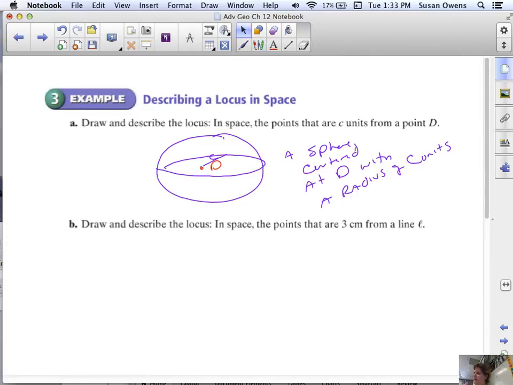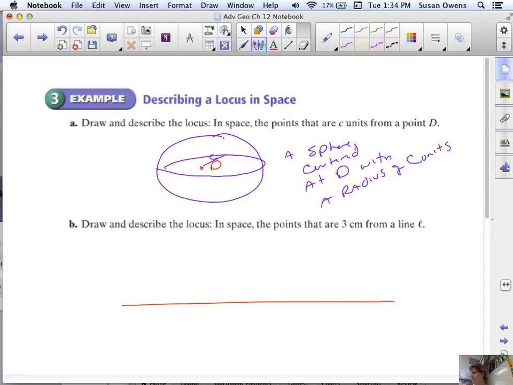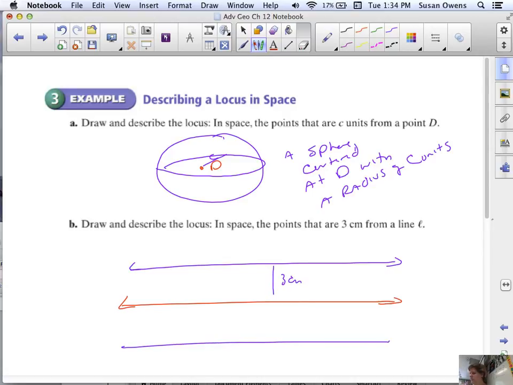And the last one we have, draw and describe the locus in space, the points that are 3 centimeters from line L. So if this is line L, I want all the points that are 3 centimeters away. Well, if you look again in two dimensions, there's going to be a line up here that's 3 centimeters away. There's going to be a line down here that's 3 centimeters away.